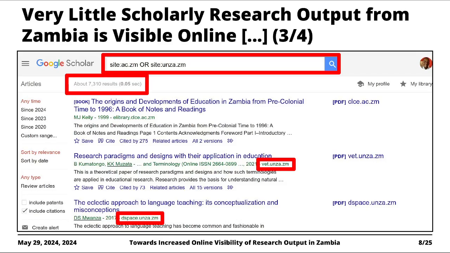And the challenge is that, and I'll showcase screenshots here so that you fully understand what we're talking about, in as much as a number of researchers at UNZA actually publish, we don't deliberately ensure that the things that we are publishing are deposited into the institutional repository, for instance. Or for those of you that are smart enough, we don't deliberately ensure that we edit our respective staff profiles with those publications or preprints of those publications.